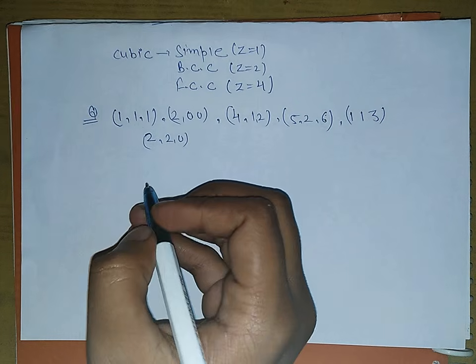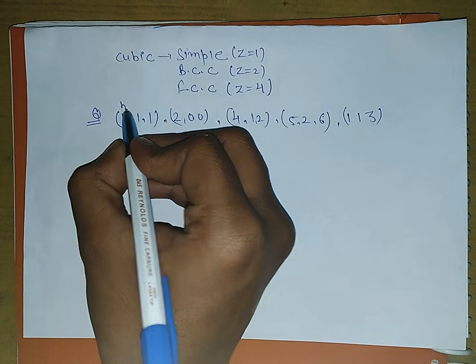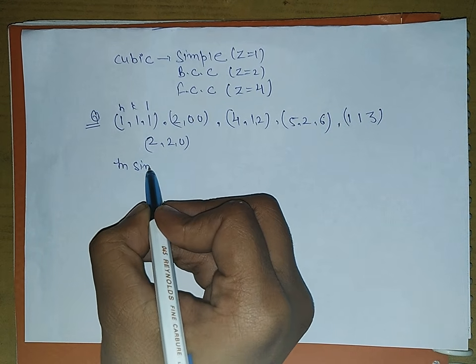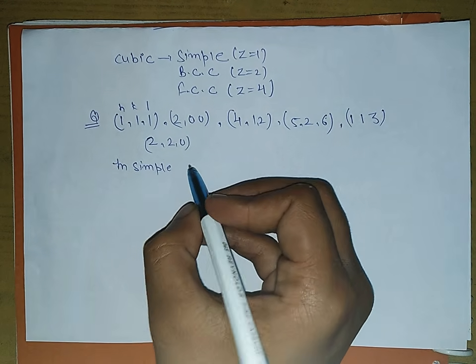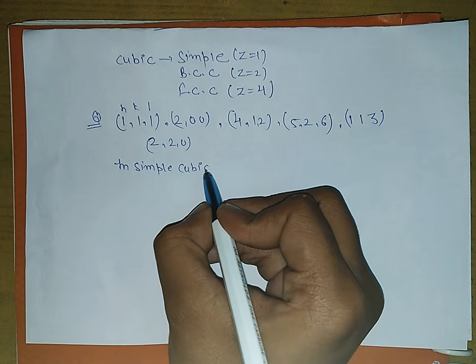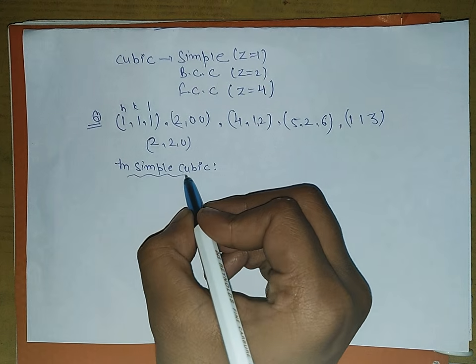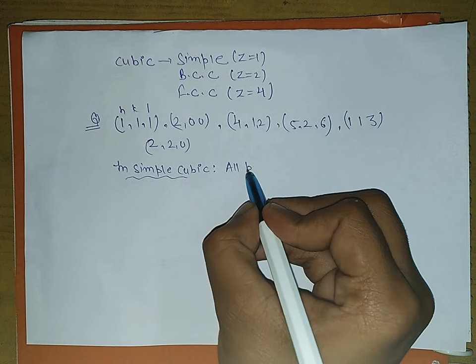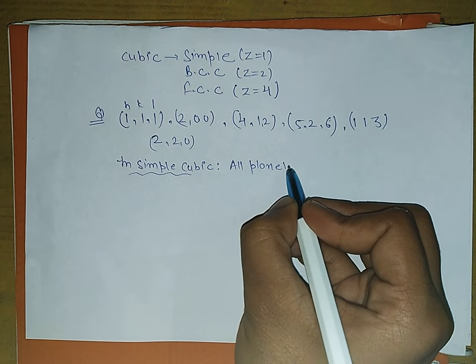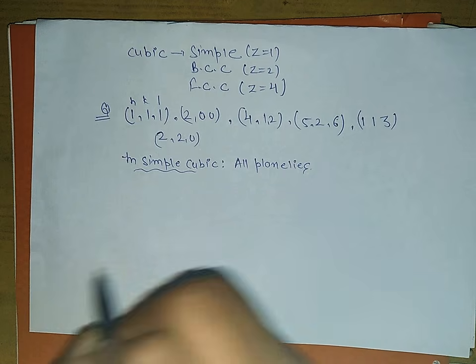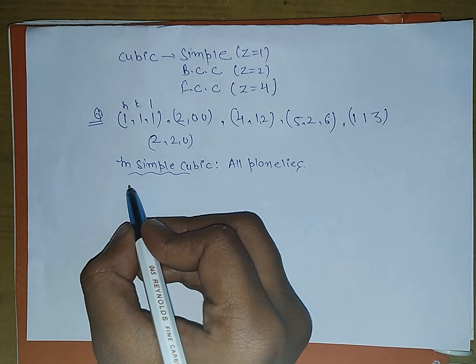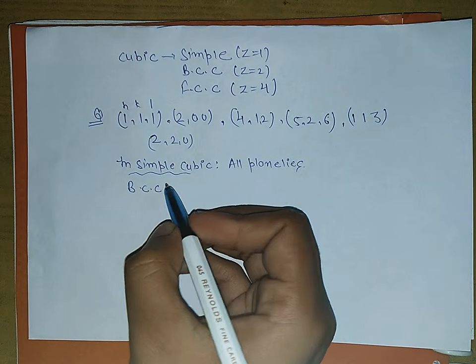Now the trick is, these are HKL values. In simple cubic you have to remember that all planes lie. Now comes the BCC structure, body centered cubic.